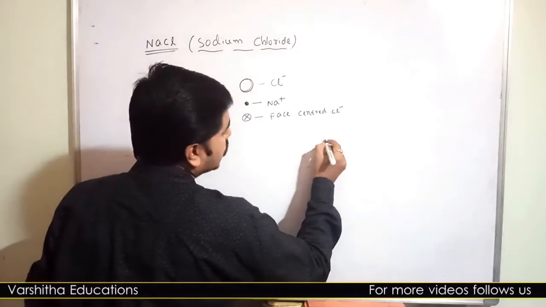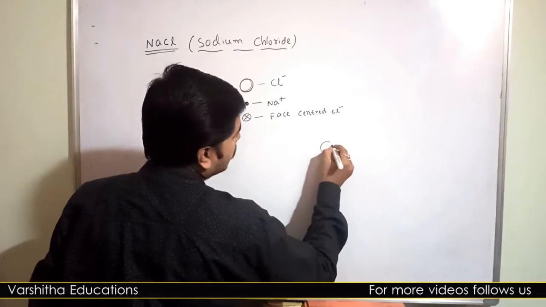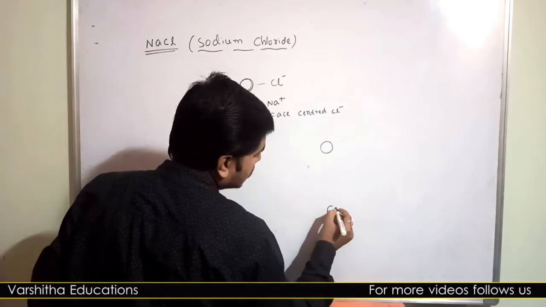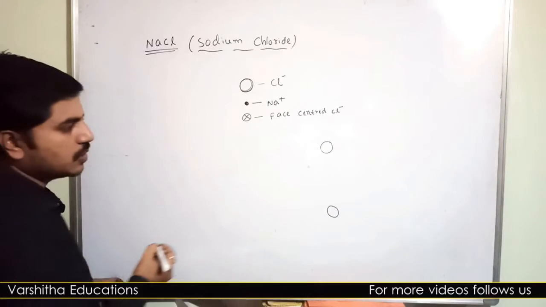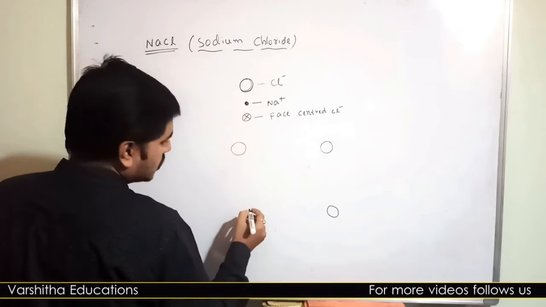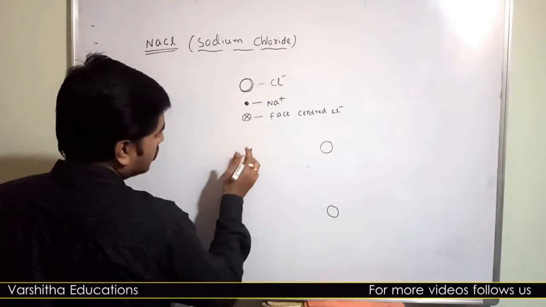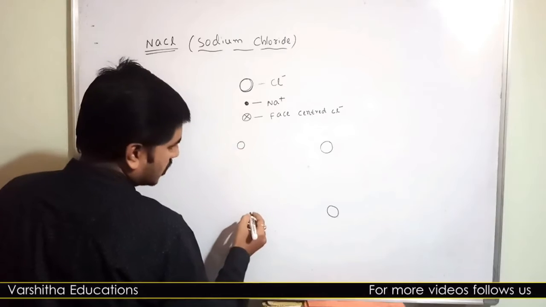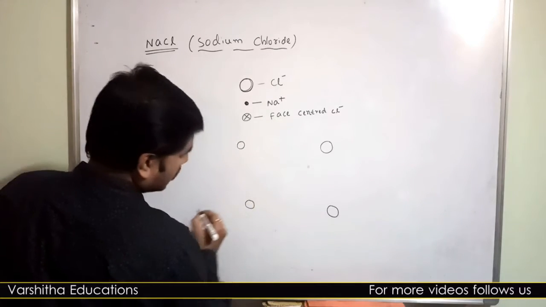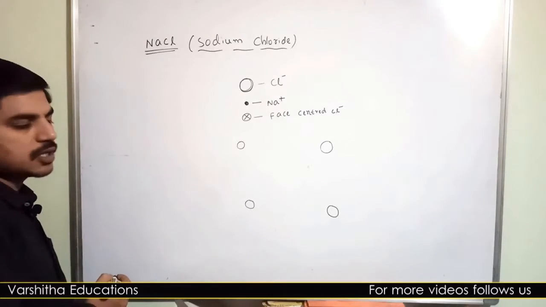Now you can draw a box-type arrangement of the 4 chlorine atoms. The 4 chlorines have to be present: 2 here and the remaining 2 here. You can take them as small or bigger circles. Here it is completed.